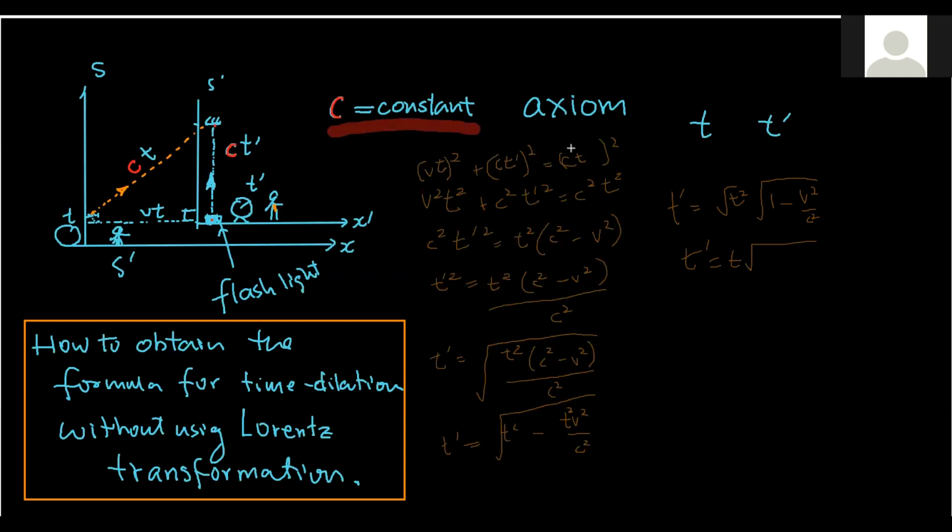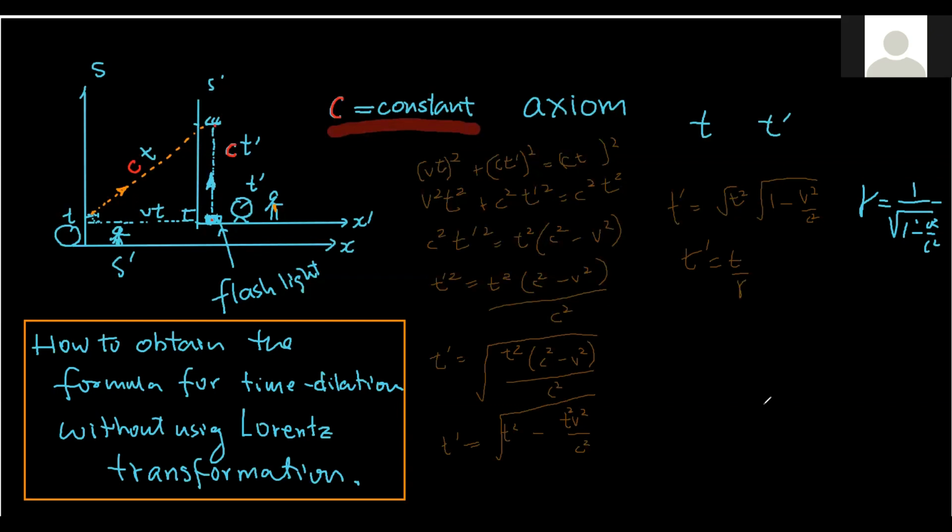That's just gamma. Gamma is 1 over the square root of 1 minus v squared over c squared. So this is divided by gamma, right? Okay, that's gamma. Go on.